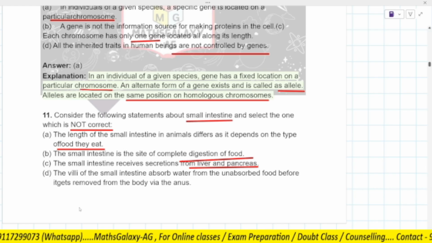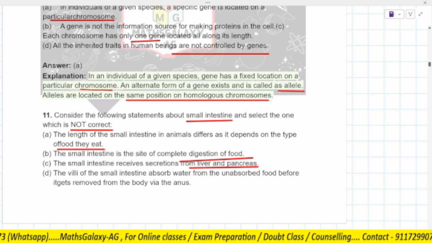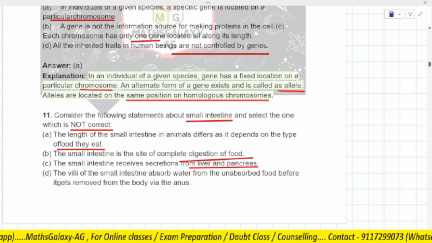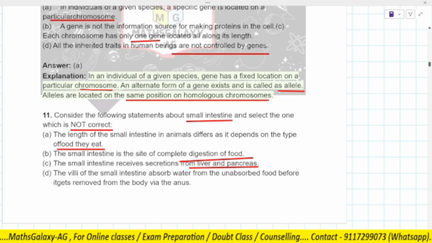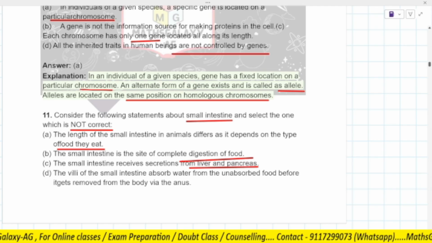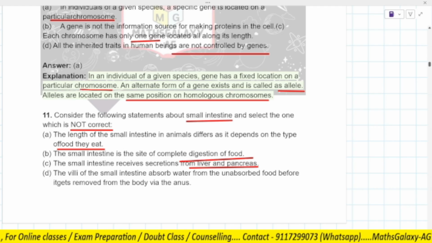So which one is not correct? D is wrong. And here our answer will be D, okay? Because we have to say which one is not correct.